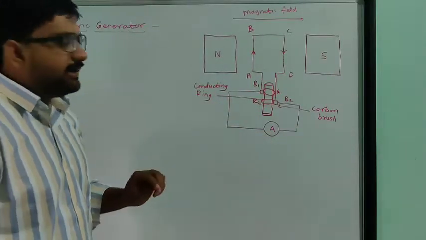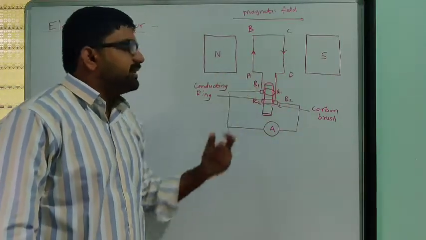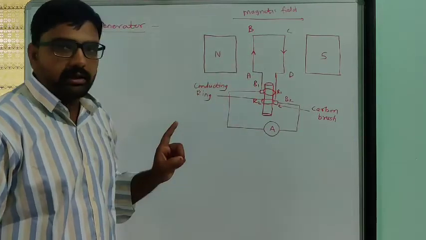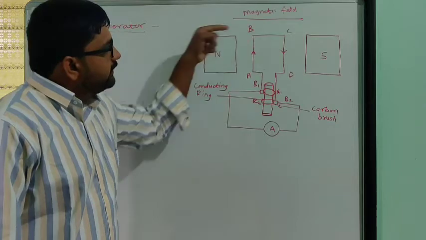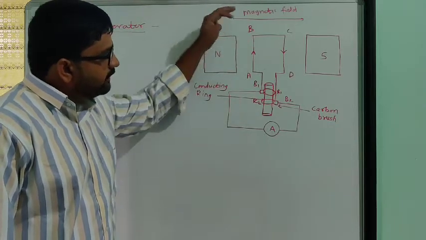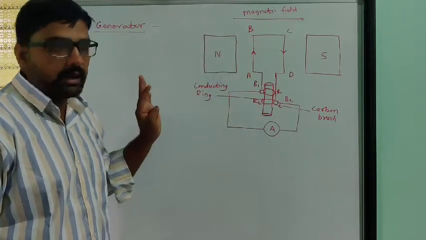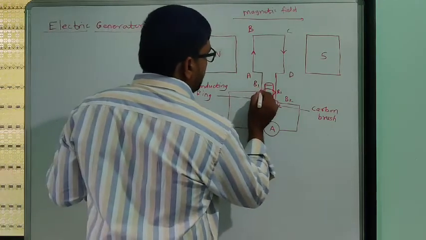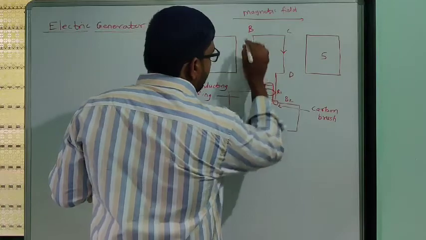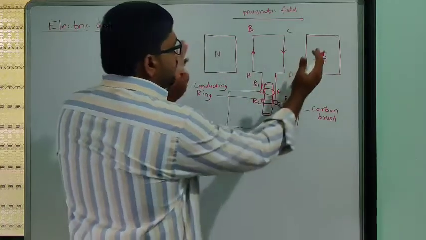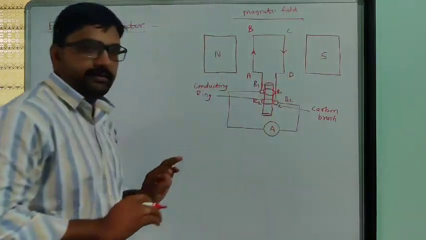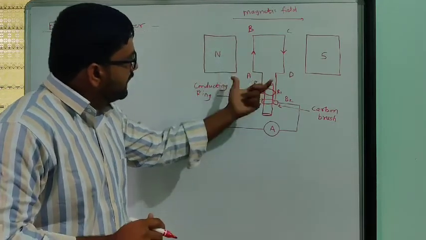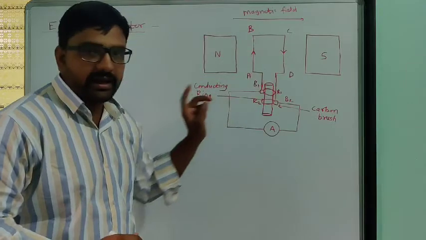We directly consider that the magnetic field is present in this direction. We place one conducting coil, A, B, C, D, in between the magnet.